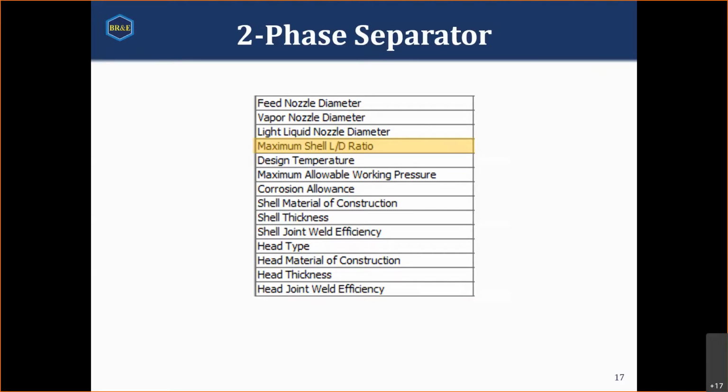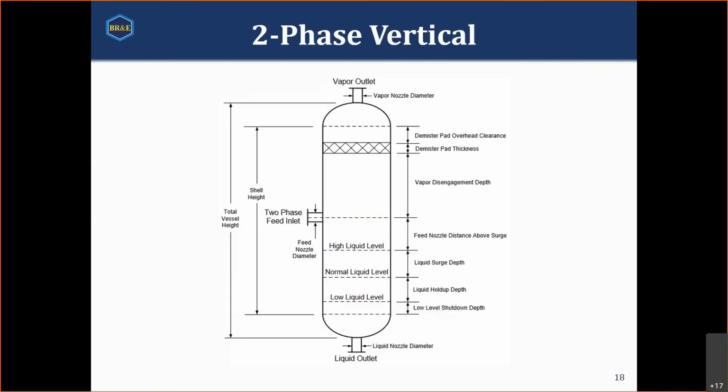By default, the minimum ratio is 1.5 to a value of 6 as the maximum shell L over D ratio. So the shell length is just referring to the length of the vessel from one seam to the other seam. It's not going to account for the length of the vessel that is part of the headspace.